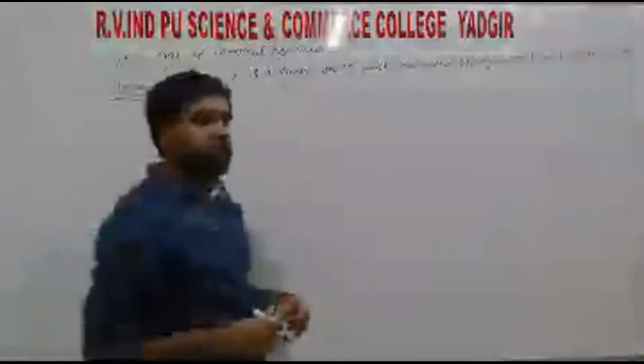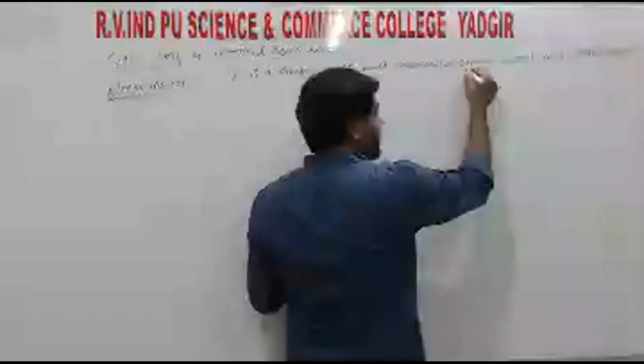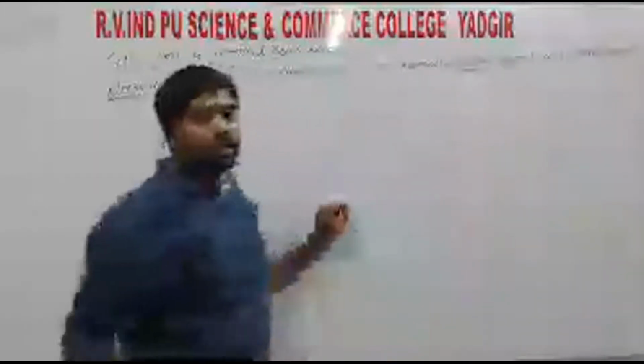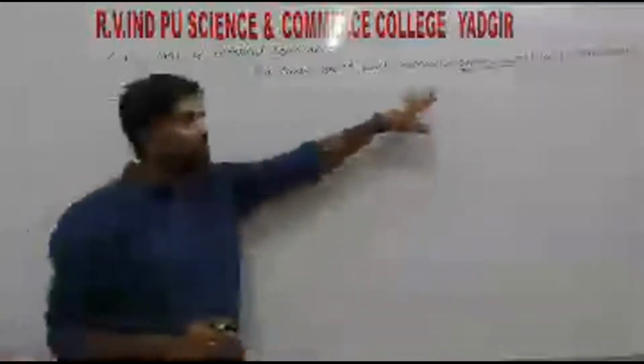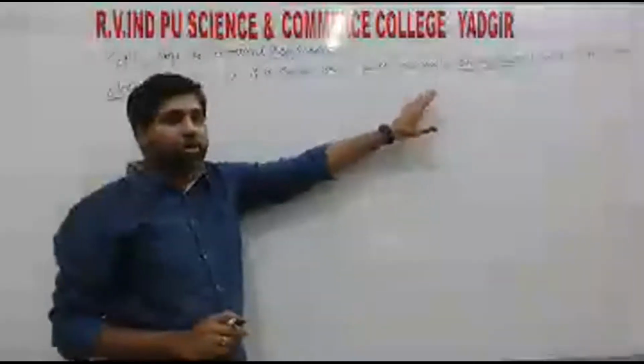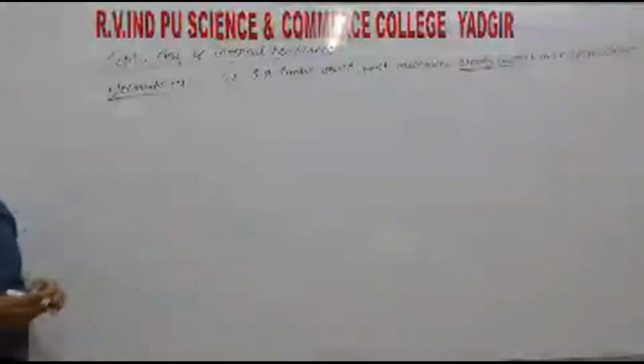So steady current, in the first class only we discussed. So current can be variable current or steady current. So steady current means always we are not getting the steady current, right? Steady current means the same number of charges flowing across the cross sectional area. If we take any one conductor, this conductor consists of charges. In metals, the electrons present in the conductor are flowing across the cross sectional area.